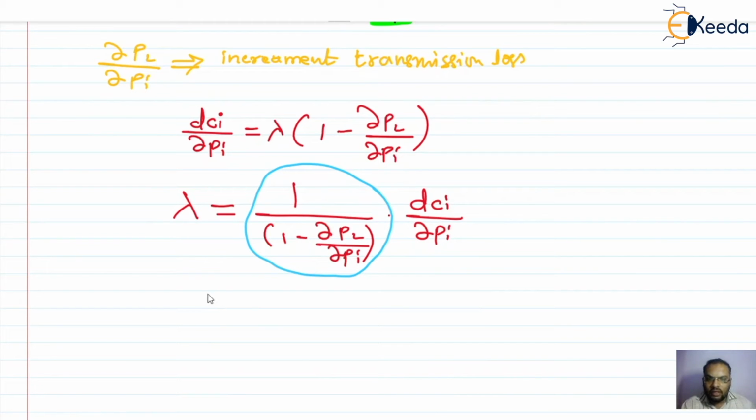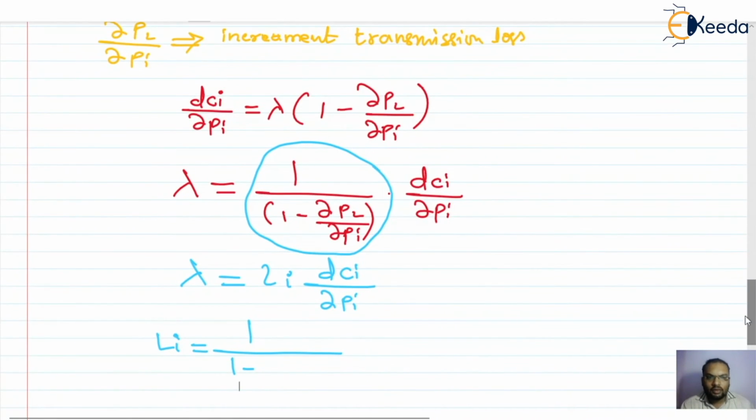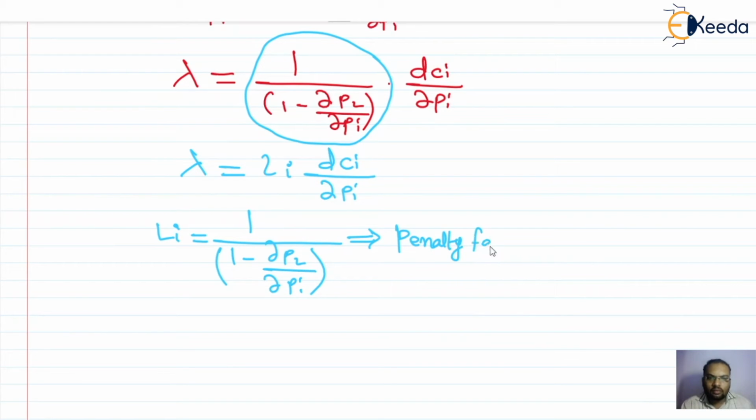I'm going to write lambda is equal to Li into dou Ci, or differentiation of Ci with respect to Pi, where this L is nothing but 1 upon 1 minus dou PL by dou Pi, the differentiation of power loss with respect to power output, and this term is nothing but the penalty factor.